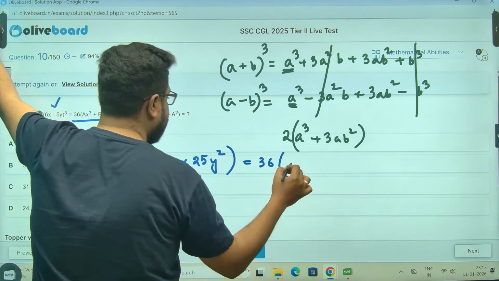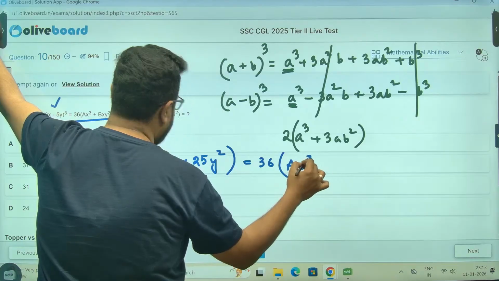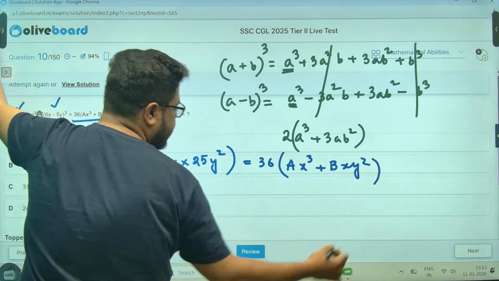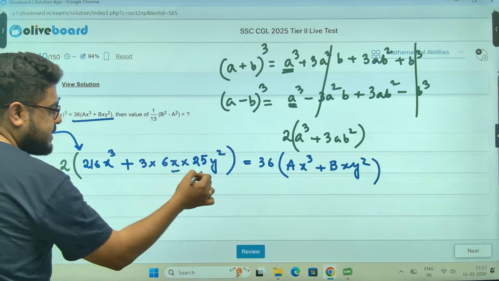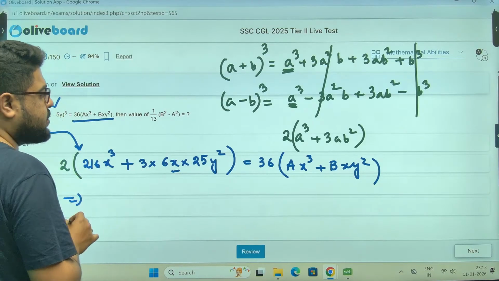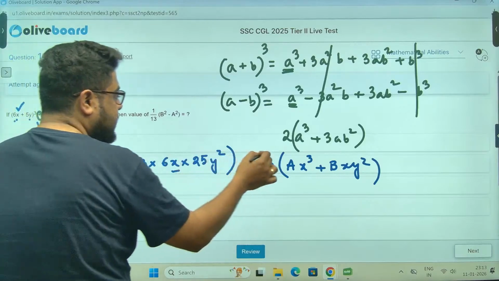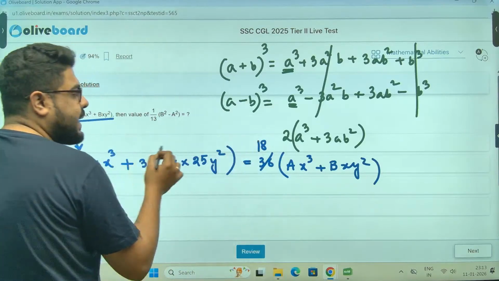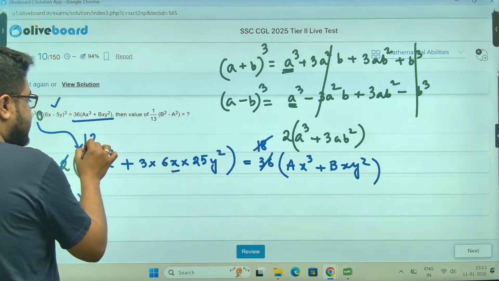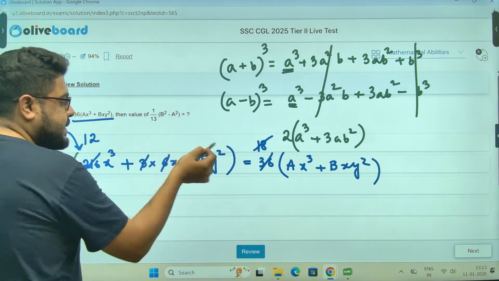36 times ax cube plus bxy square. You see, automatically it will match. Xy square is matching with this. So this is going to be 432. Let's do one thing. This is 18. I can cancel 18 as well. 18 12s are this. 18 3 and 6 cancels.